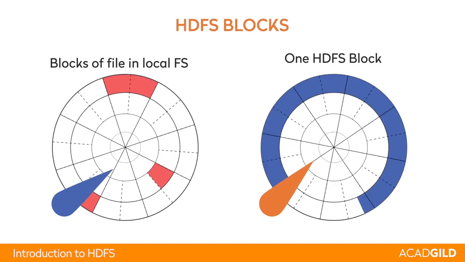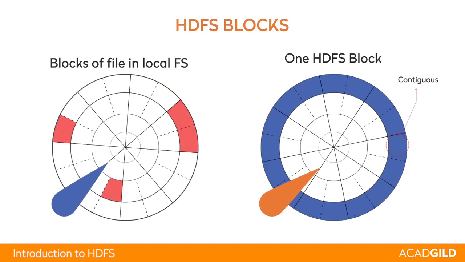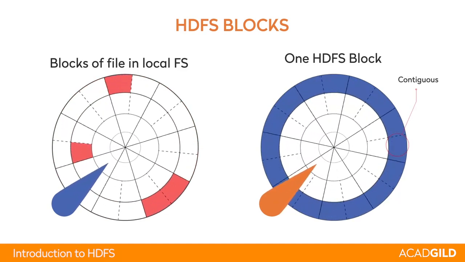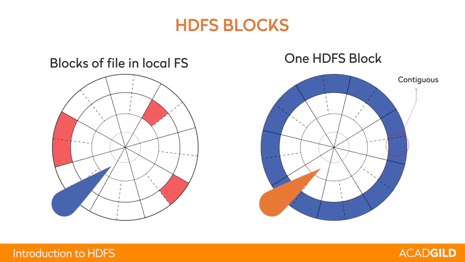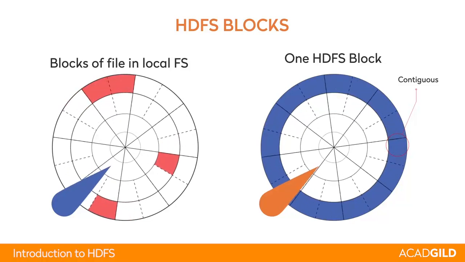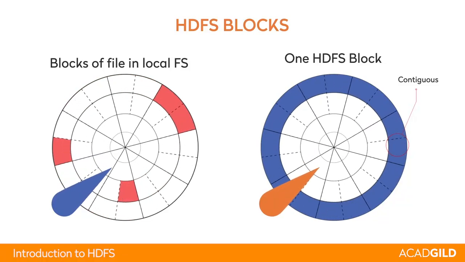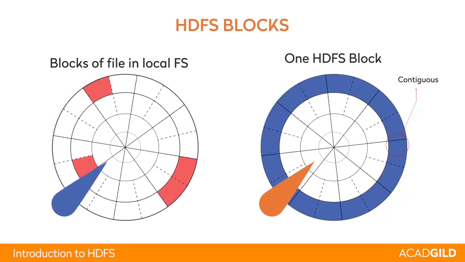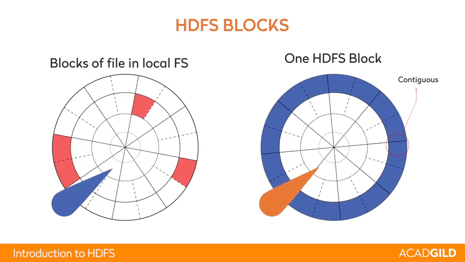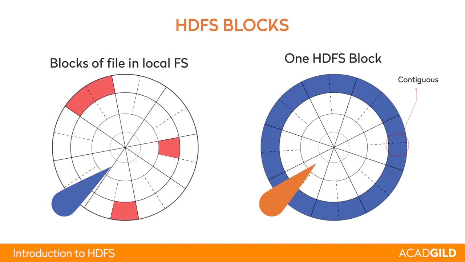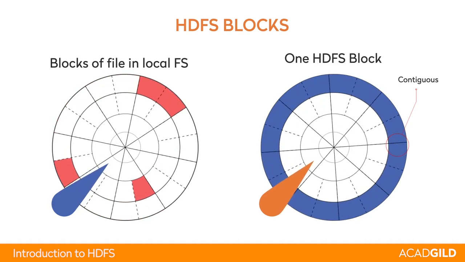So that's a very strong difference between the blocks of the local file system and blocks of the HDFS file. Why? Because if the blocks are contiguous and this hard disk rotates, then in a single rotation, you are able to read all that data. So that increases your efficiency by decreasing the time taken to read the data.